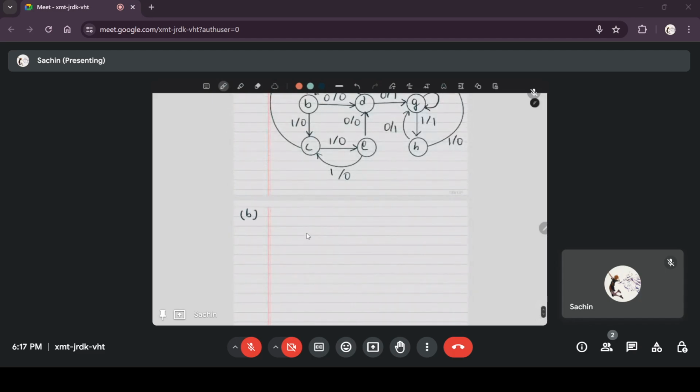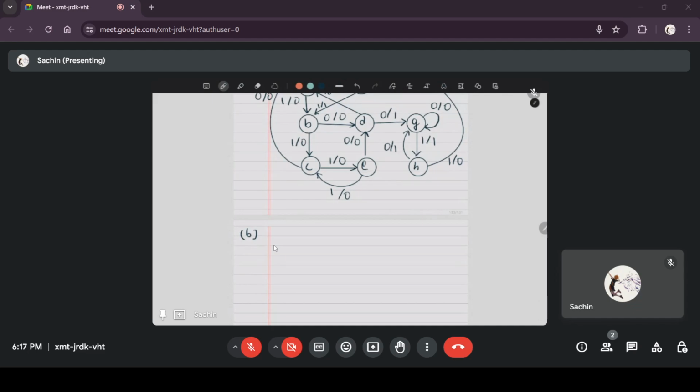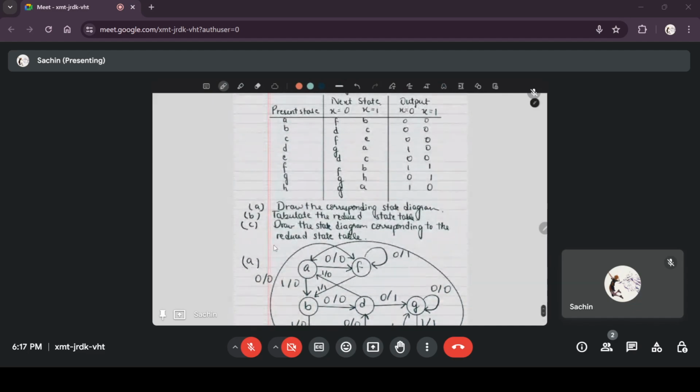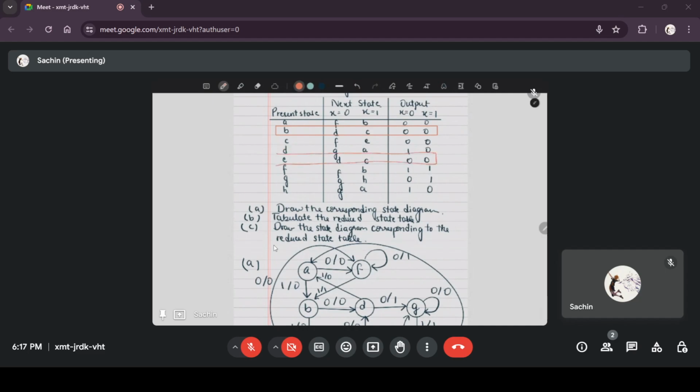Next, we have to tabulate the reduced state table. We can see that B and E are equivalent because they both go to the states D and C when input is 0 or 1, and they both give the same output 0 0 for input 0 and 1.